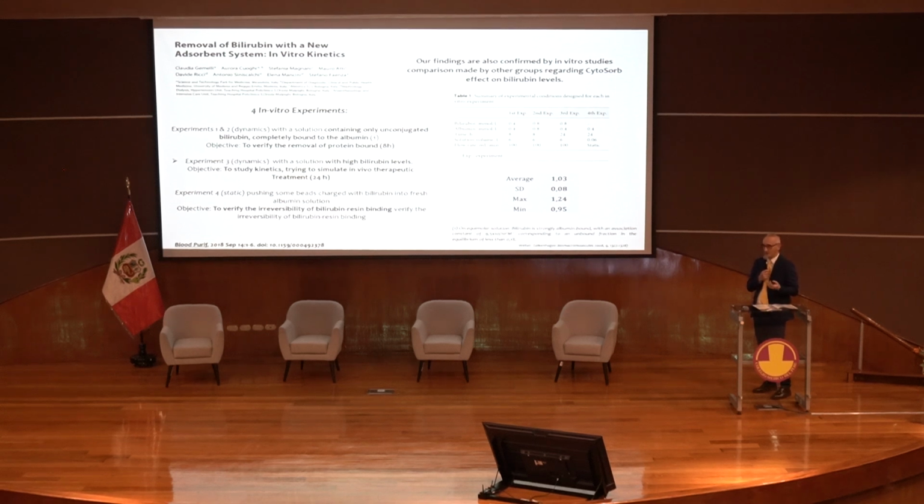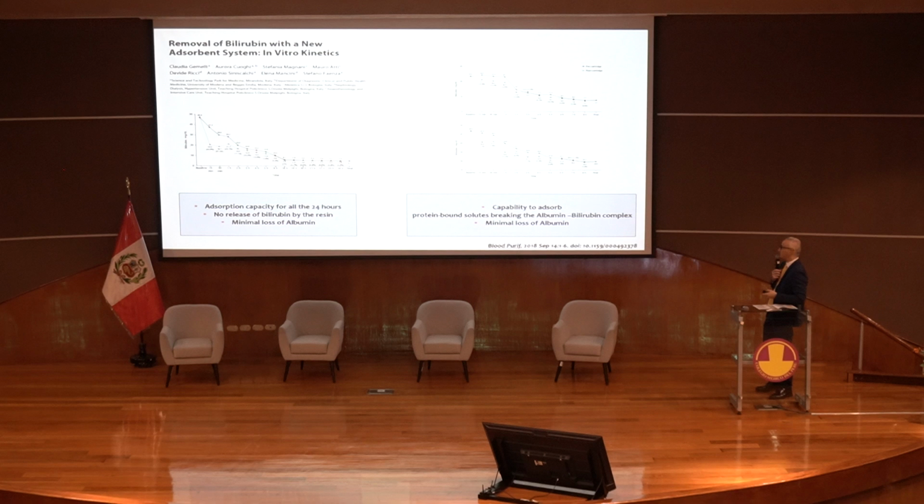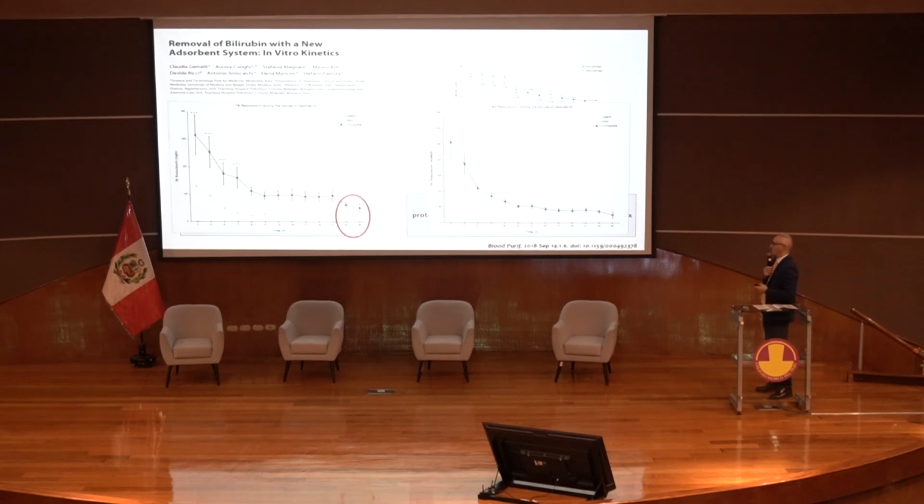That is very important because we have a global extraction of bile acids, amphophilics, and bilirubin. We don't observe any rebound of the molecules, so the molecules extracted don't come back to the patient even after 24 hours, and the extraction goes on even at the 24th hour of treatment.